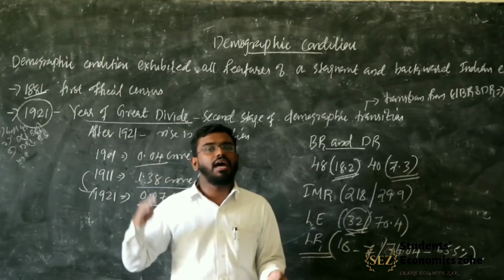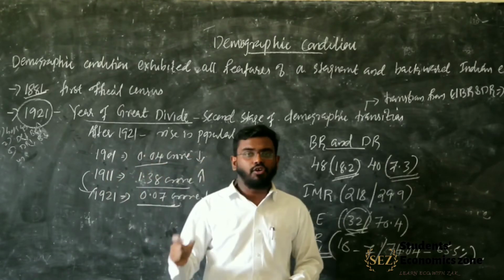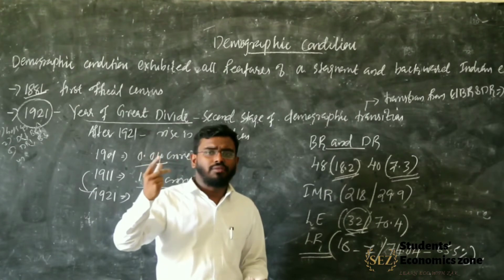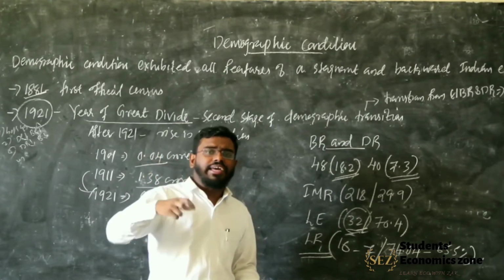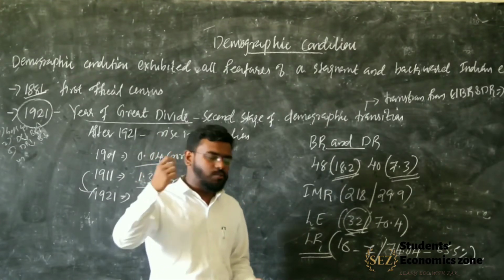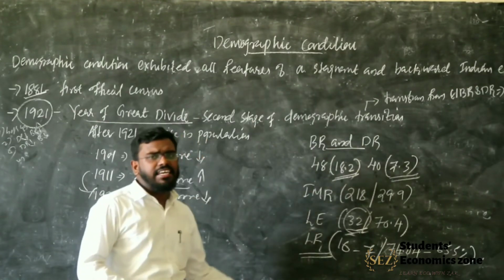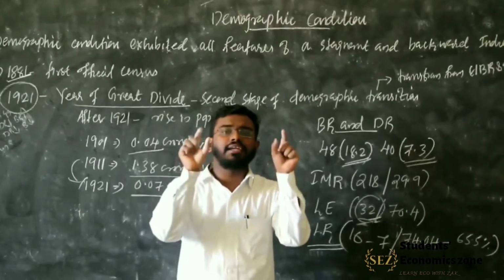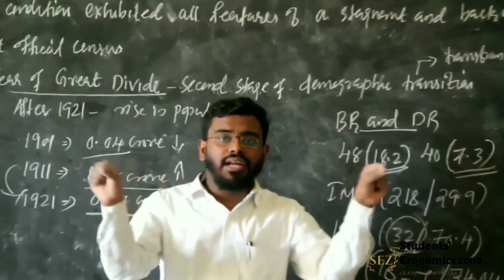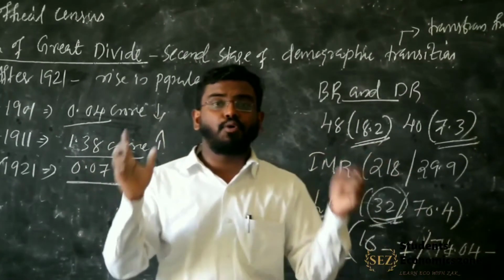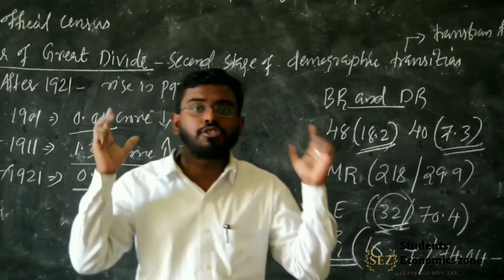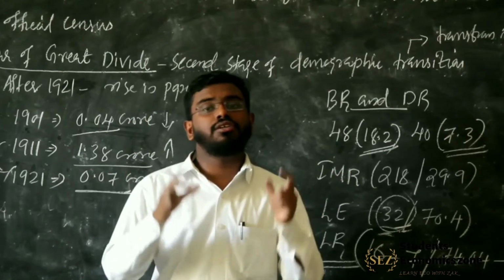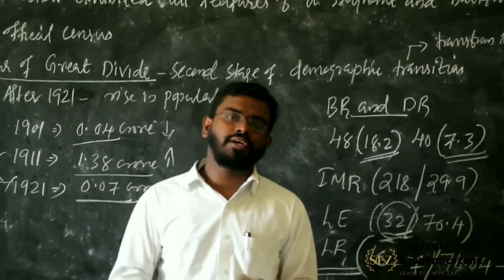But comparing with other underdeveloped economies, we still have to achieve more milestones. So the government of India is trying to achieve it. If we summarize the demography in a single word, this demographic profile under colonial rule shows backwardness as well as stagnation of the Indian economy.